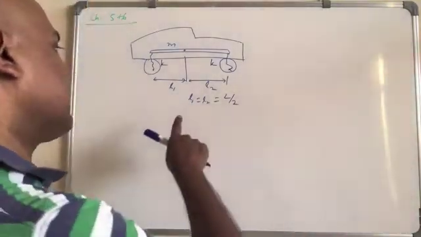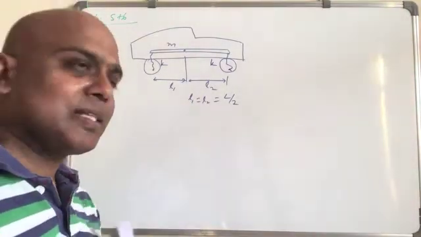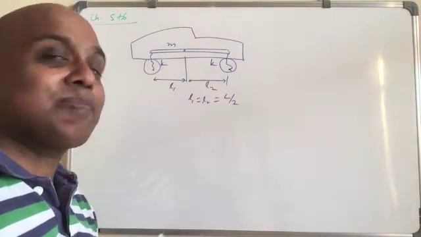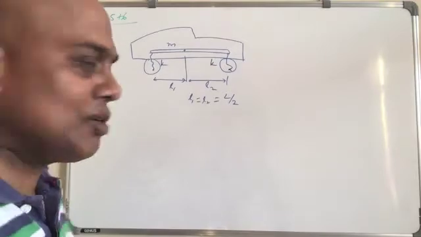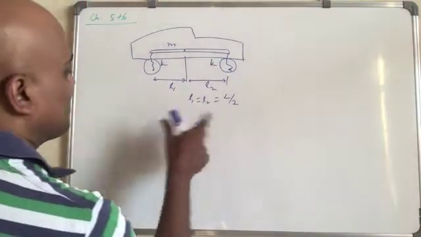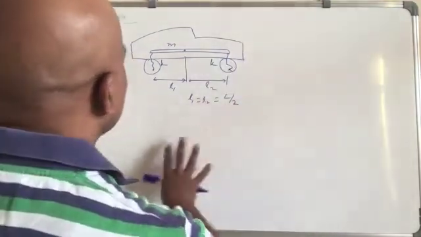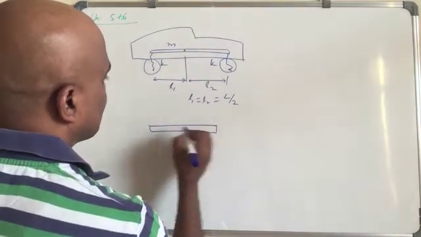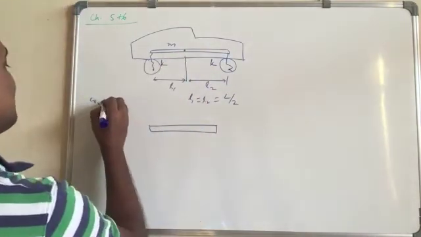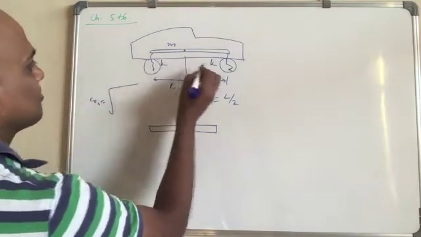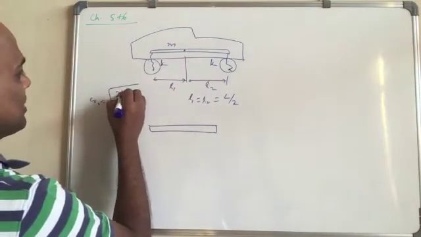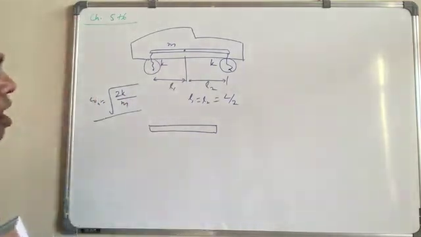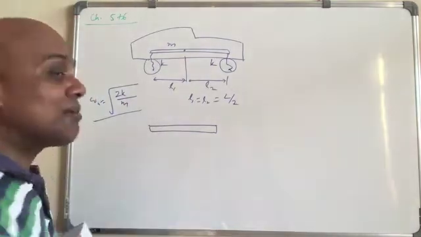If you write the equations, you will automatically get equations which are not dependent on each other, so you will get diagonal matrices. Just looking at it, you can directly write omega n equal to root of total k, 2k, divided by m. Or you can also write the equation from there.